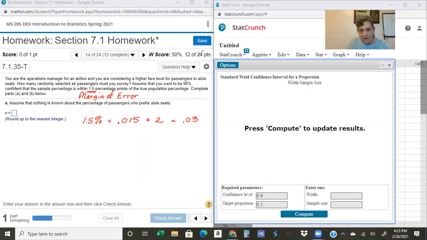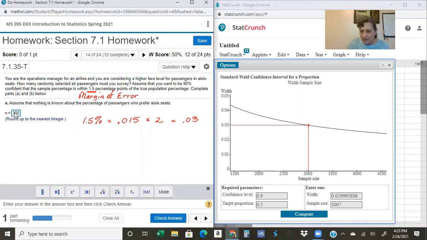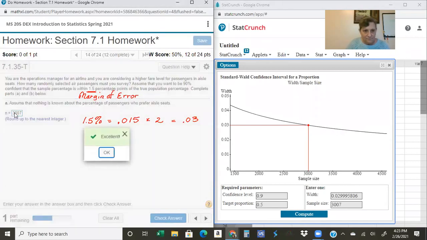So our width is going to be 0.03. And when we hit compute, it gives us a sample size of 3007. Exactly what we were looking for.